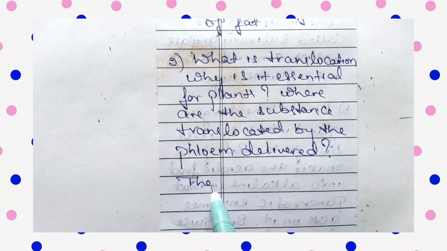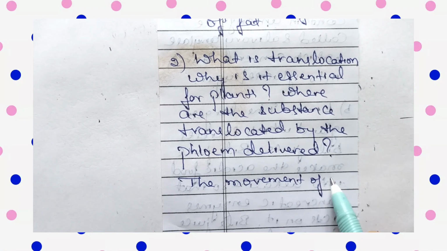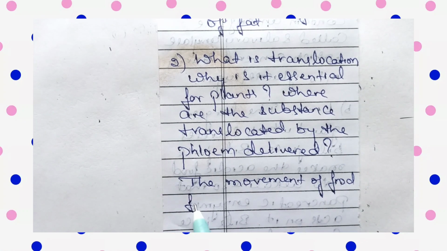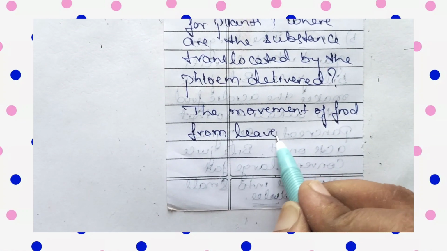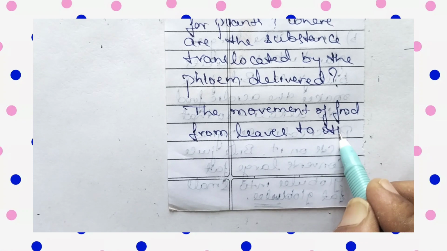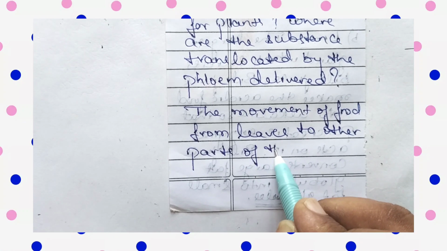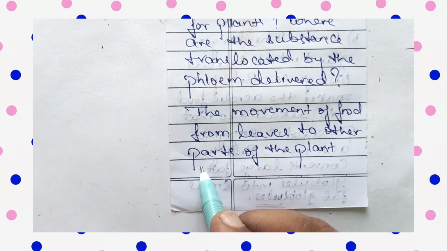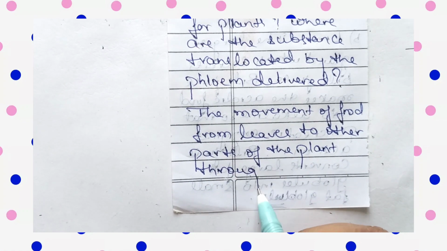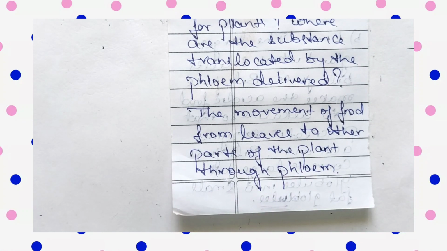First one, the movement of food from leaves to other parts of the plant through phloem is called translocation. Now next question, why is it essential?